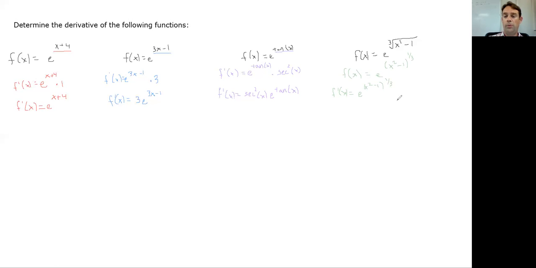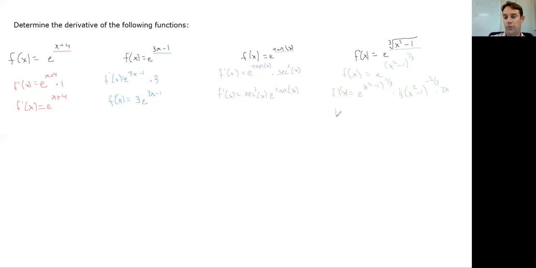And then we multiply by the derivative of that exponent, which would be 1/3 x squared minus 1 to the negative 2/3, times the derivative inside. I got to do a little chain rule on that one, times 2x.